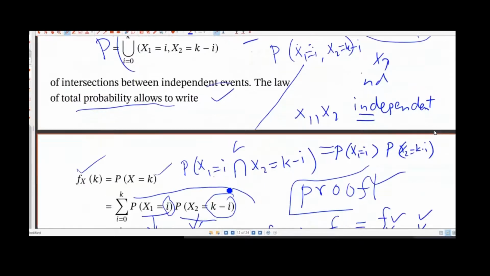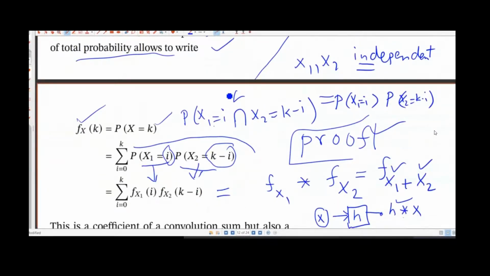The probability that x1 takes any value i, and x2 must take k minus i, and the comma between them was an intersection, because comma or intersection का एक ही मतलब होता है. Now you are taking the intersection of two events and you are writing this as the product of two probabilities.